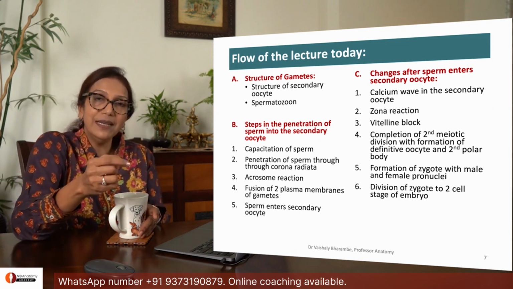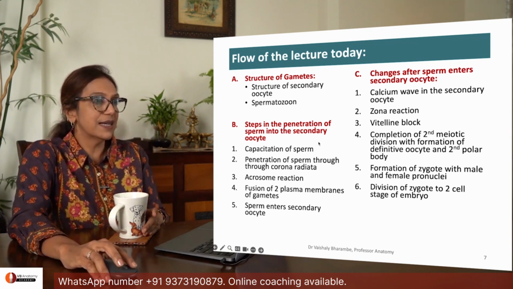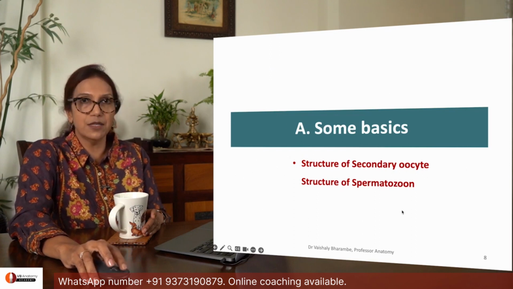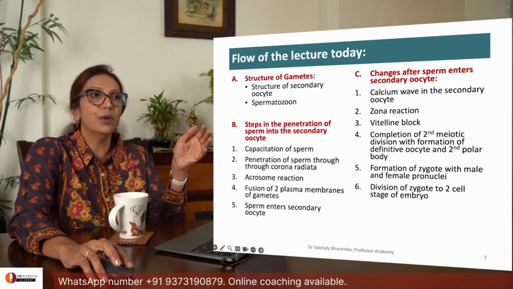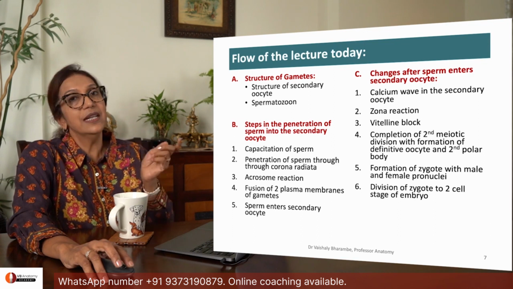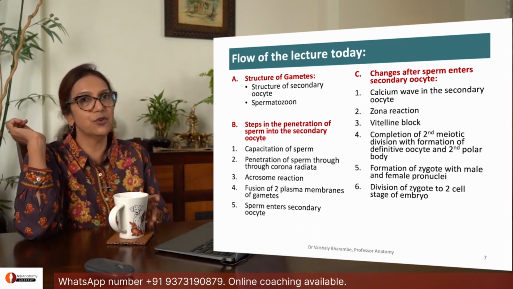So, for understanding contact and fusion of gametes, let's first understand the structure of the secondary oocyte and spermatozoon. Then I will talk about how the sperm is able to penetrate into the oocyte, and then about changes in the oocyte after the sperm has penetrated into it.